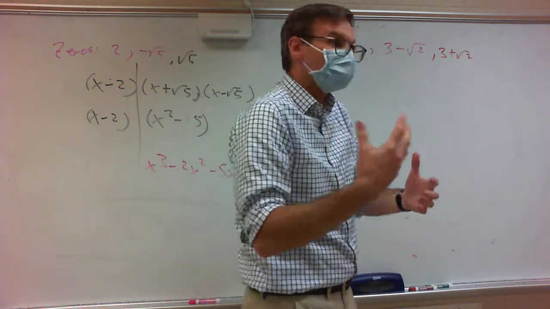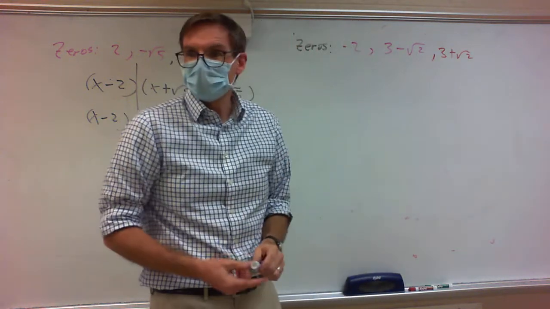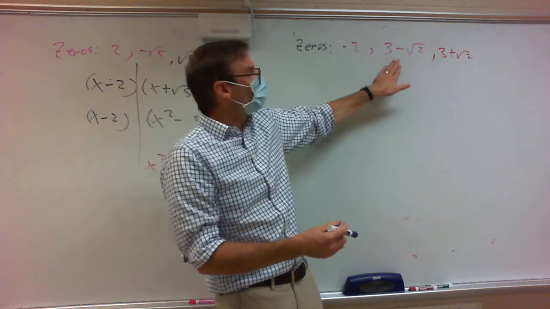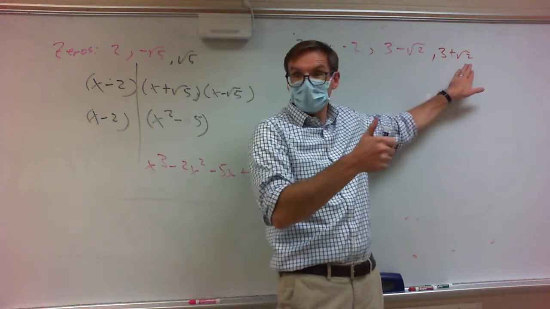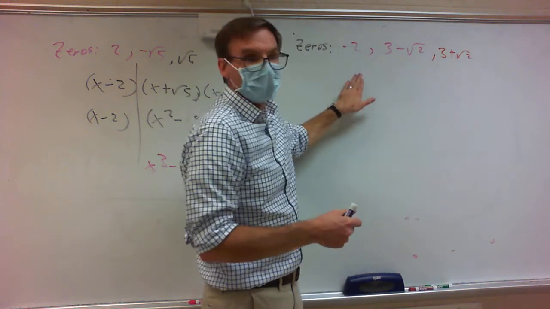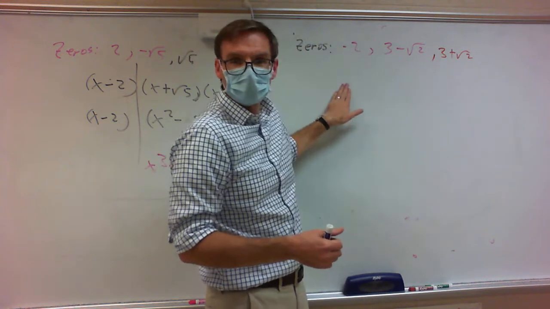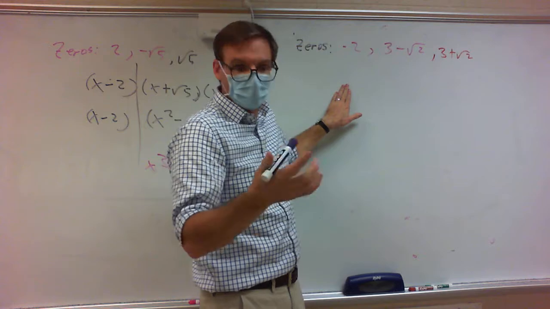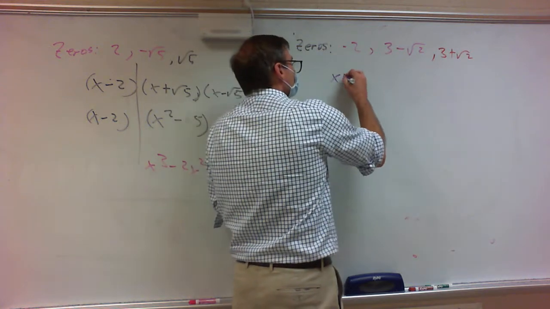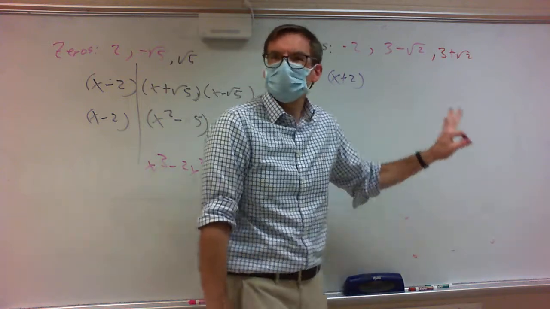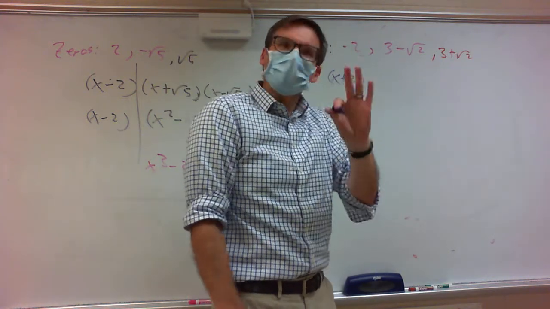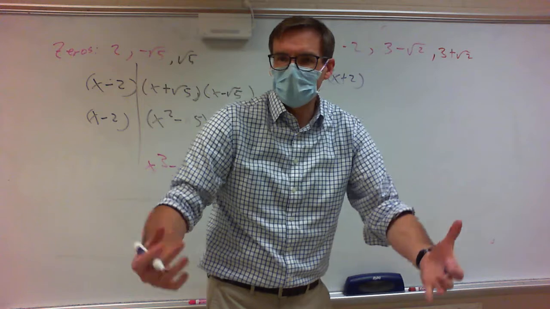So let's practice writing down, let's find out our polynomial. So everybody okay? If you have 3 minus the square root of 2, we're going to get 3 plus the square root of 2. So that part's not bad. So now let's think about what we write down. Well, if there's a negative 2 here, what's going to be here? X plus 2. So that part's easy. And this part, what I'm going to do is give you the full official math way to do it.